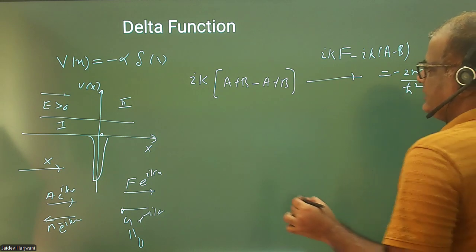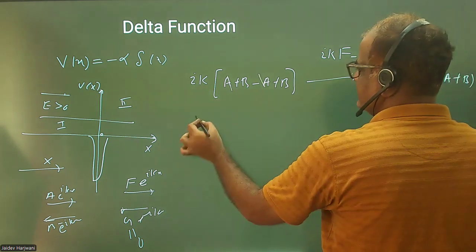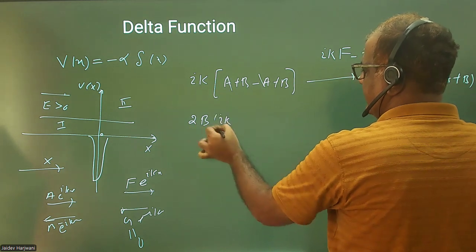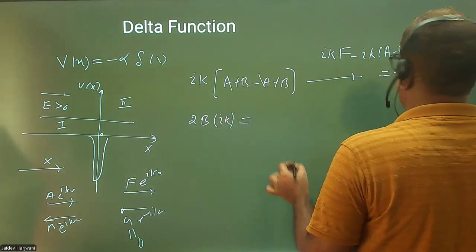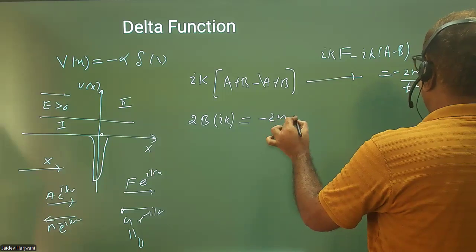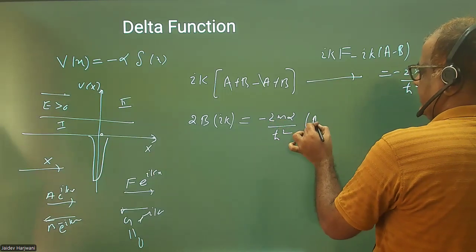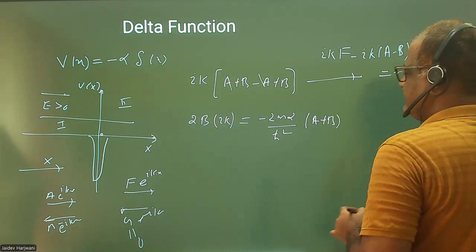And this gives me a cancel, so this gives me 2b iota k, and here we have minus 2 m alpha upon h cut square times a plus b.